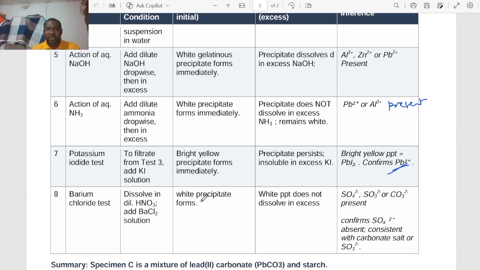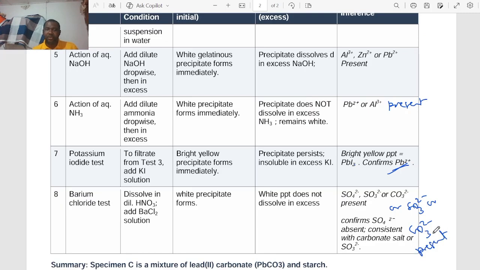So for the white precipitate to be formed, we are suspecting SO4 2-, SO3 2-, CO3 2- is present. But since it does not dissolve in excess, it confirms that SO4 2- is absent. It is consistent with carbonate salt or SO3 2-. Simply put, SO3 2- or CO3 2- present.